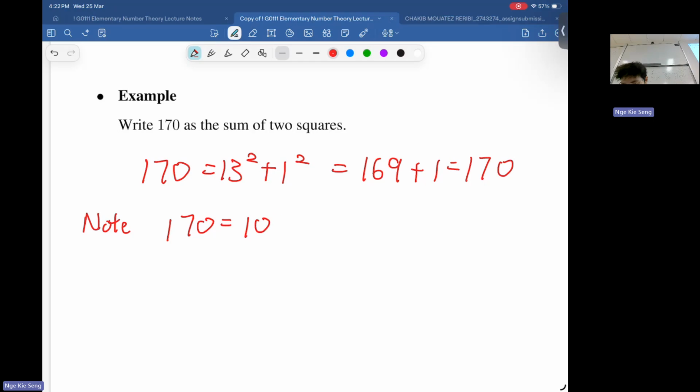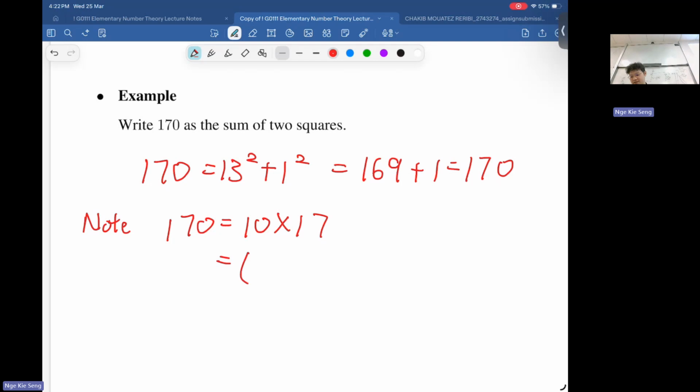Let's say if you can write these two as a sum of two squares, then the product is also a sum of two squares. If you can break down like this, then the smaller numbers are easier to find the sum of two squares for, because there are fewer choices to make.